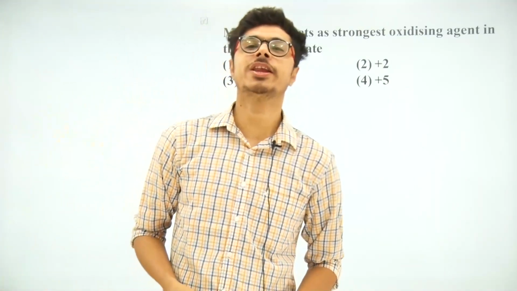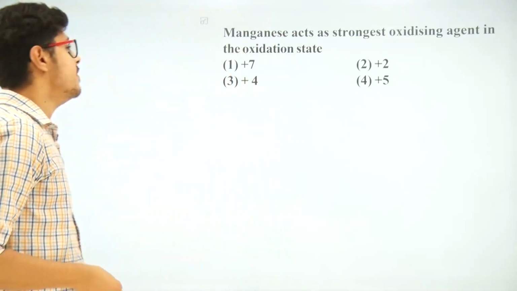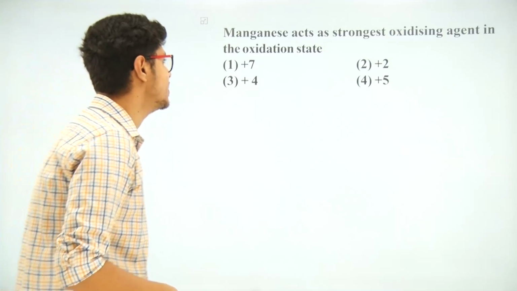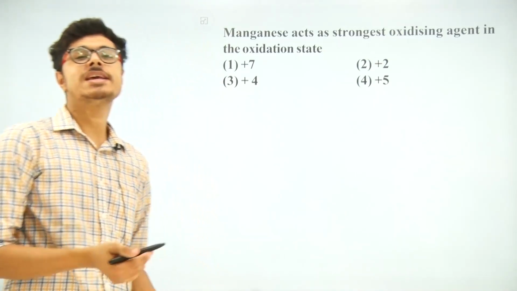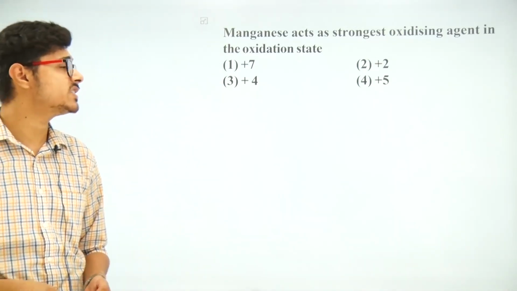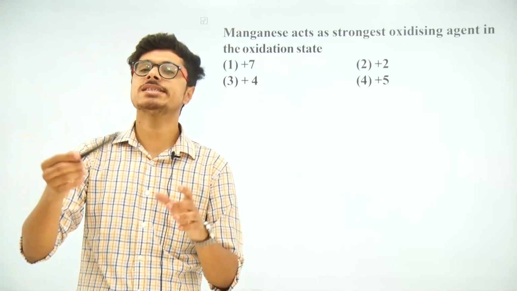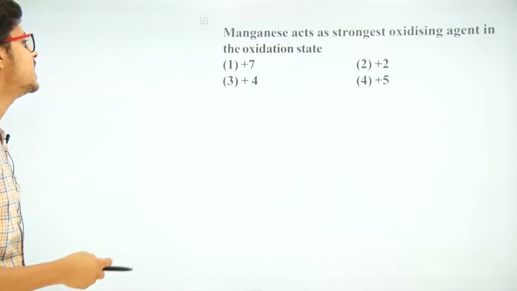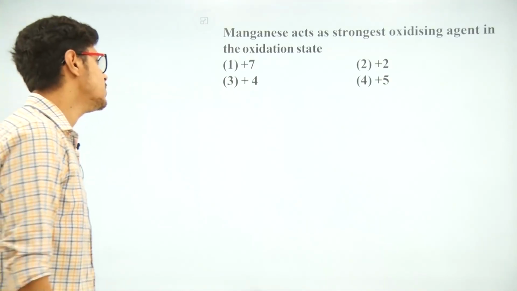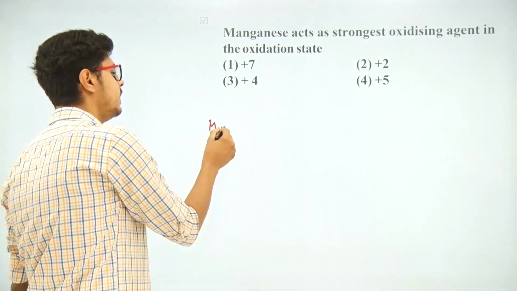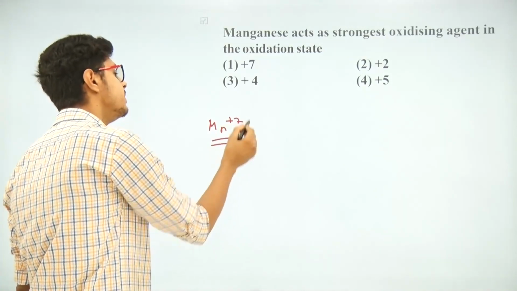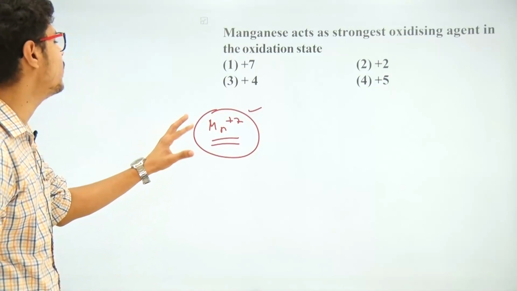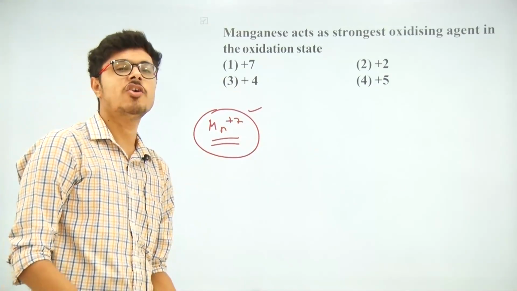Okay students, coming to the next question. Our next question is: manganese acts as the strongest oxidizing agent in the oxidation state. So what is an oxidizing agent? It oxidizes others and itself gets reduced. So if Mn is in the +7 oxidation state, which is its highest oxidation state, it can only be reduced and cannot be oxidized.